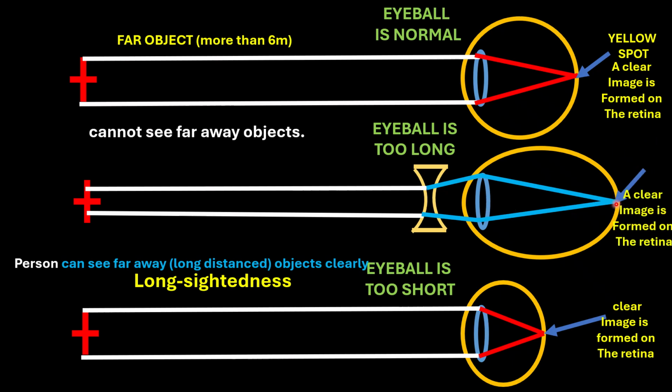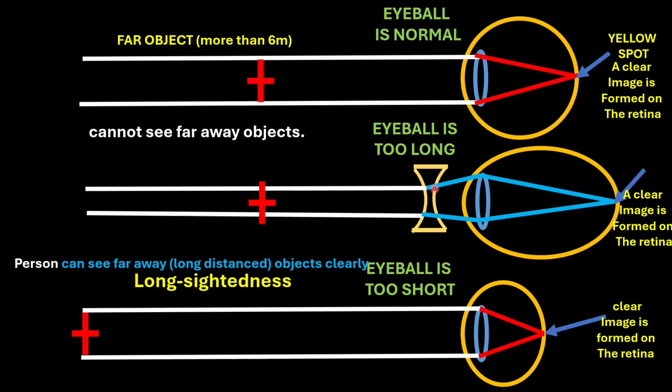With this, the person can also see clearly like the other two. So we did not change the shape of the eyeball. We only changed the speed and the refraction nature of the light. We only changed the distance by using the lens to push the light coming from the object backward a bit so that the person can actually see clearly.